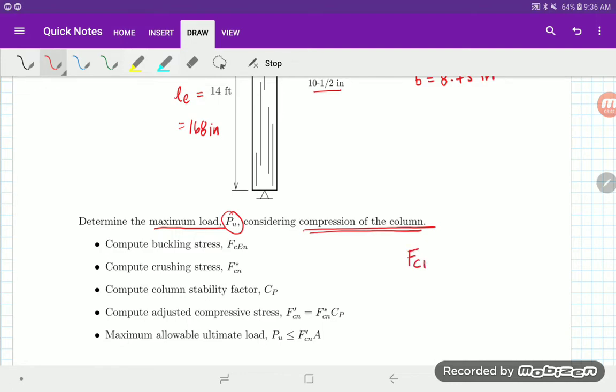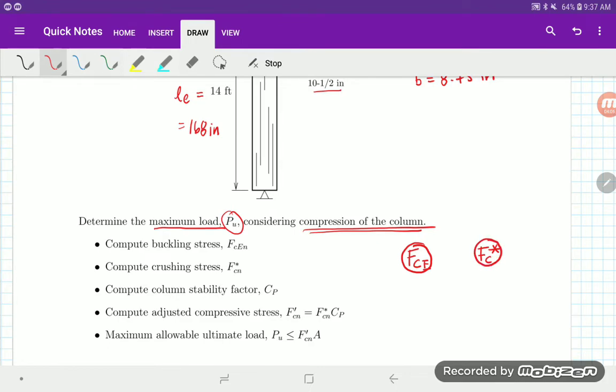First we need to compute the adjusted value, accounting for the Young's modulus and really the Euler buckling strength of our column. Then we need to compute the adjusted value except for C sub P, that's the F sub C star.